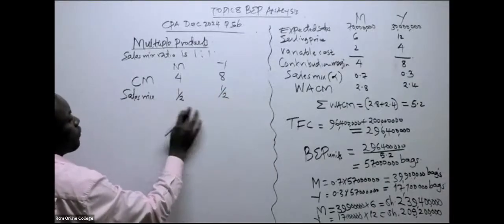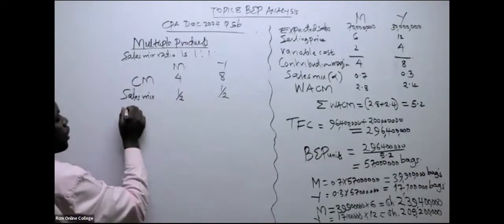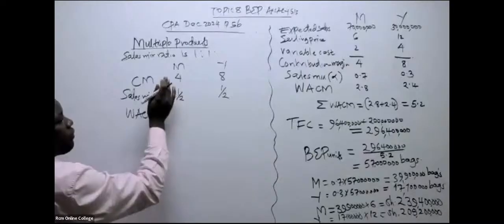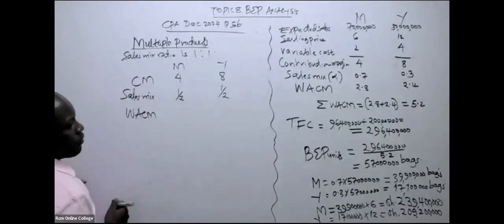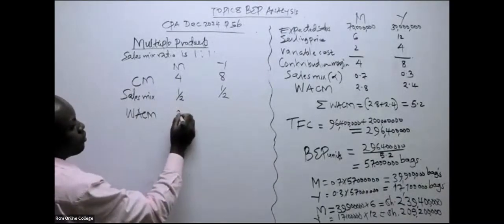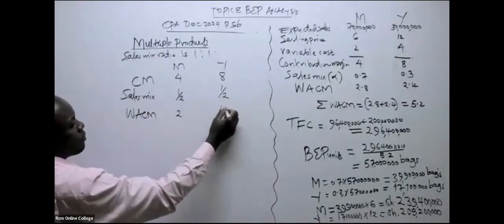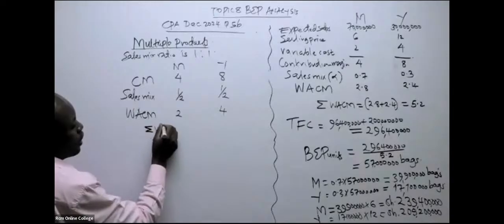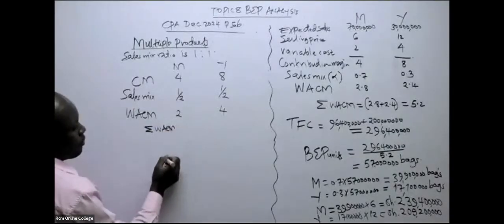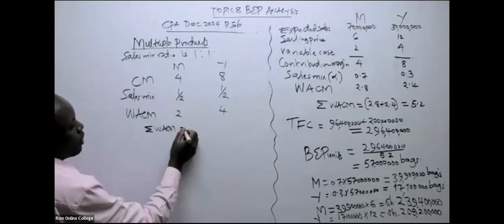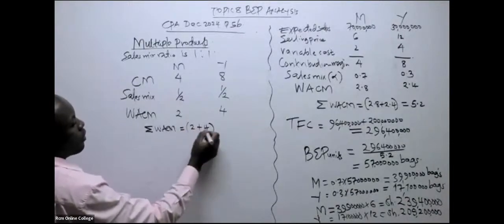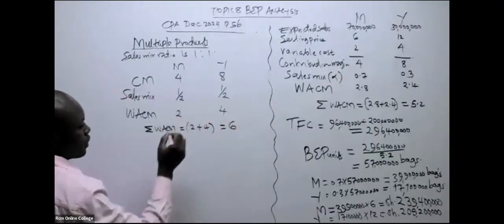0.5, 0.5. Now, will I be able to get weighted average contribution margin? Half of 4 will give me 2. Half of 8 will give me 4. So what is my summation of weighted average contribution margin? It will be 2 plus 4. That will give me 6.